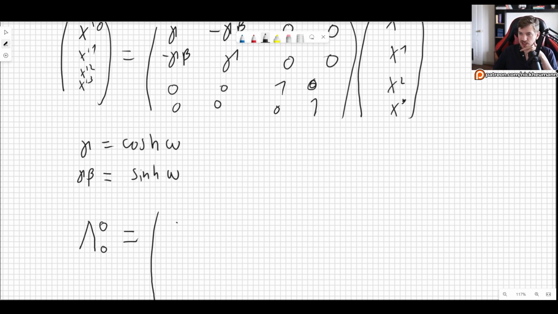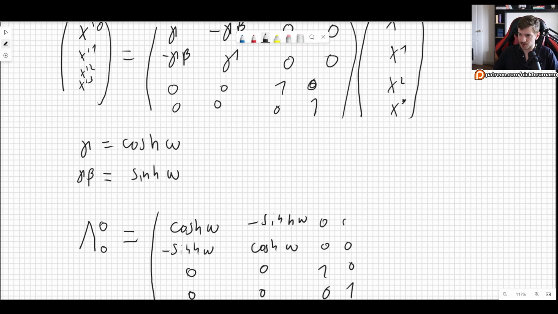So we get, instead of gamma, hyperbolic cosine. Instead of gamma beta, we get the hyperbolic sine. Another hyperbolic sine, and hyperbolic cosine, and then 0, 0, 0, 0, 1, 0, 0, 1.